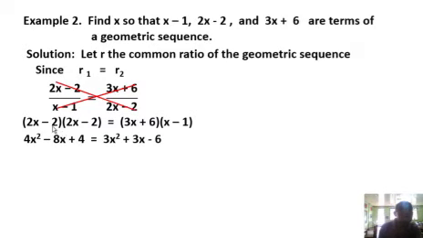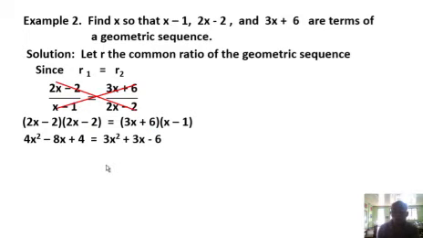Then, okay, this is the product of two binomials. And on the other side, 3x times x is 3x squared. After simplifying the product of these two binomials, we have 3x squared plus 3x minus 6.